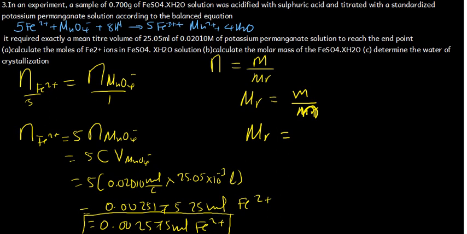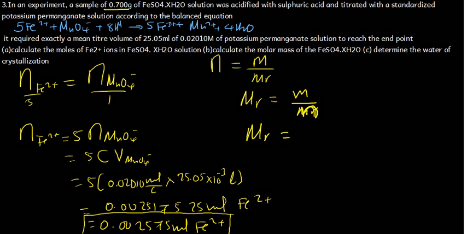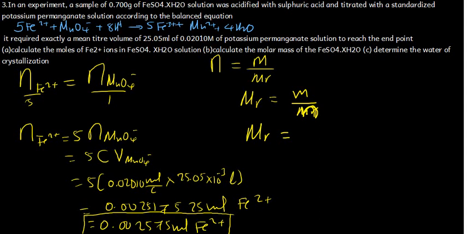The mass which we have in this case, we've been told, is 0.700 gram of hydrated iron 2 sulfate that reacted. So that was 0.700 grams, divided by the number of moles, which is 0.00257525. You'd rather use the one which you found before rounding off, to make sure we are precise and accurate. So 0.700 divided by that answer.